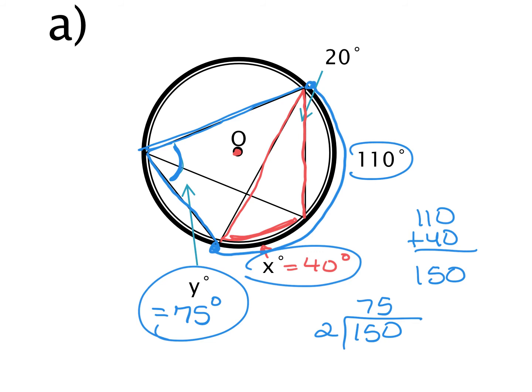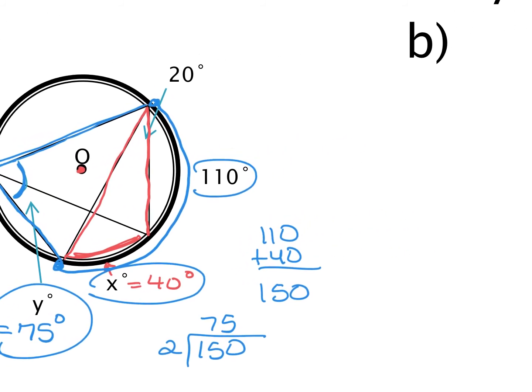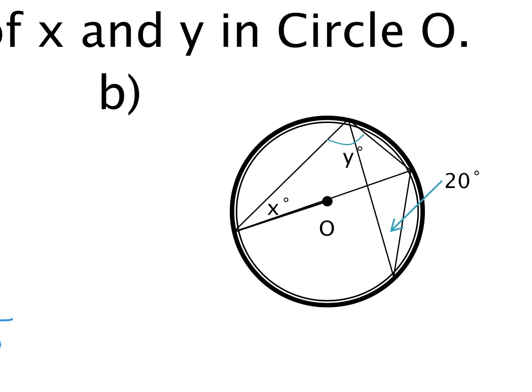Now let's go ahead and see what we can do in part B. So again, let's trace over some things so we can see where the intercepted arcs are and the different things that we have going on in this picture. So if I retrace the chords that form angle 20, if the measure of that inscribed angle is 20, I know the measure of its intercepted arc will be double that, and it'll be 40.